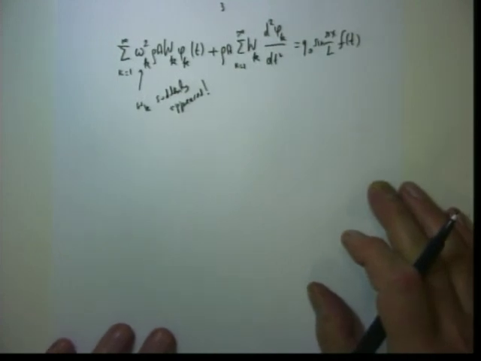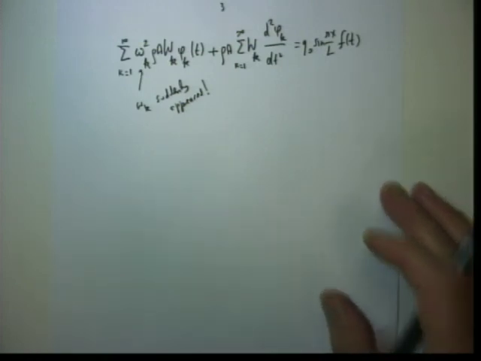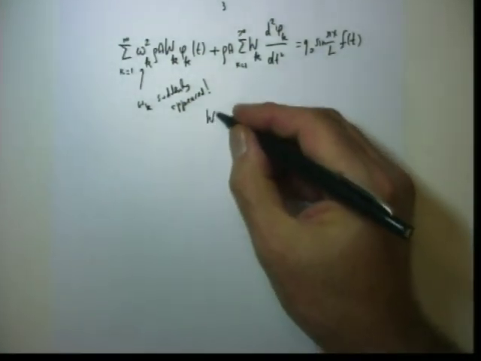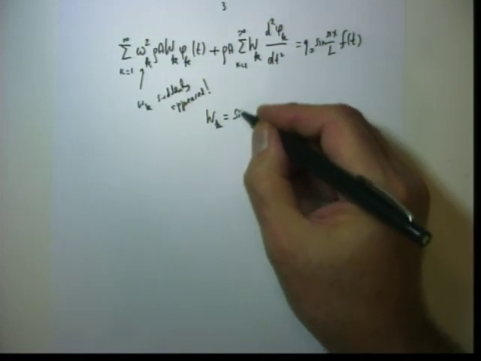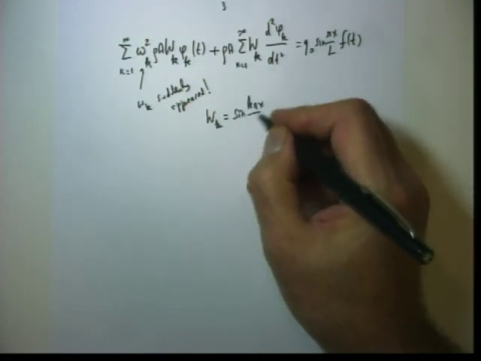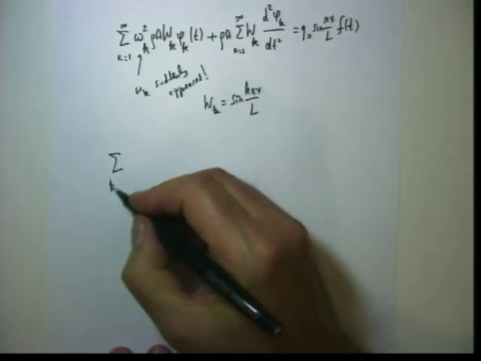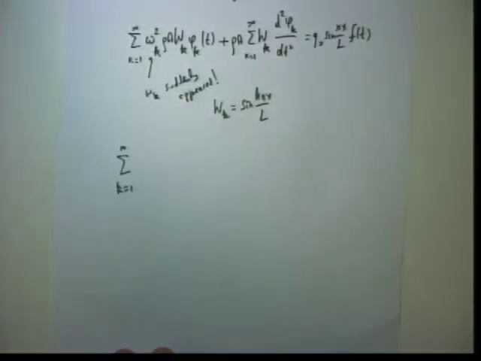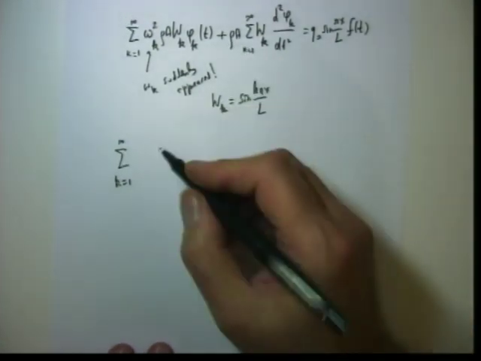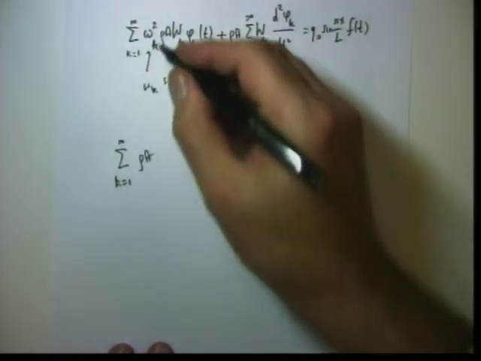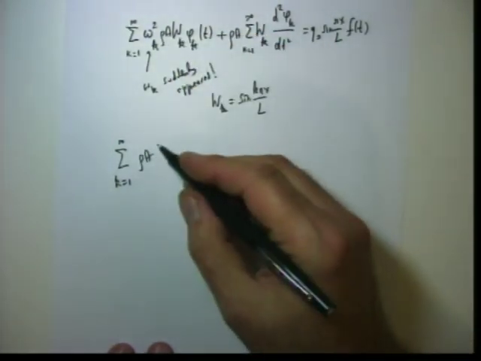And then what I get is as follows. So I will substitute this W k. W k is sine k pi x over L. So I substitute there and I get k from 1 to infinity. There is this rho A here and rho A there, so I can take that out.